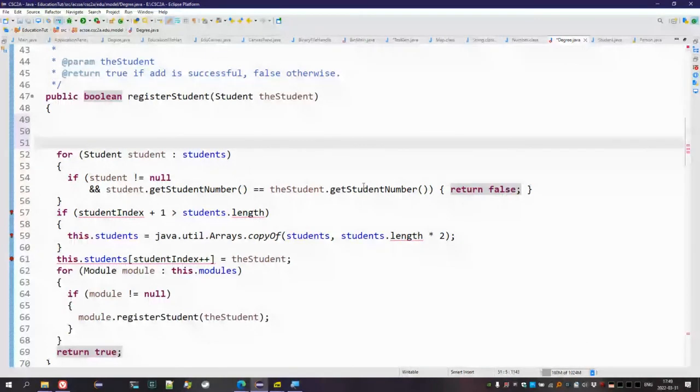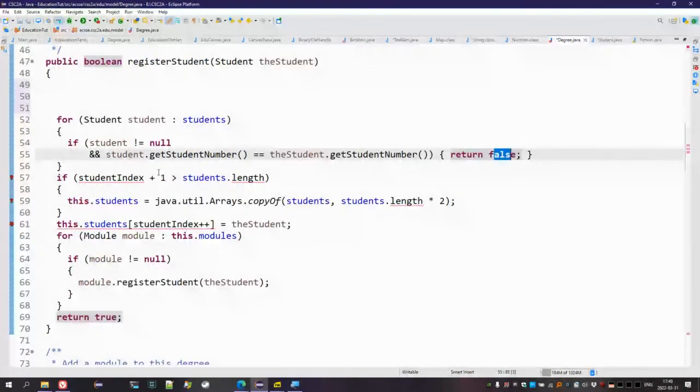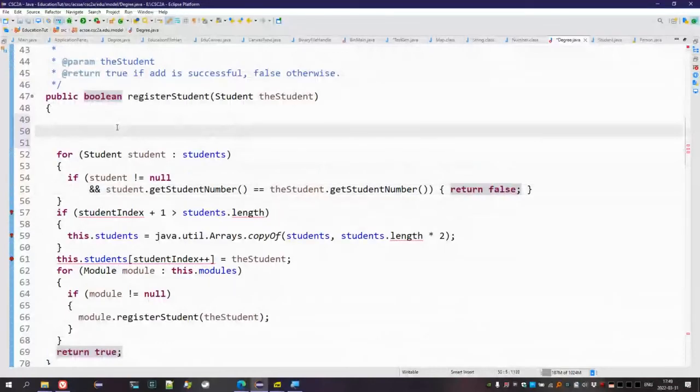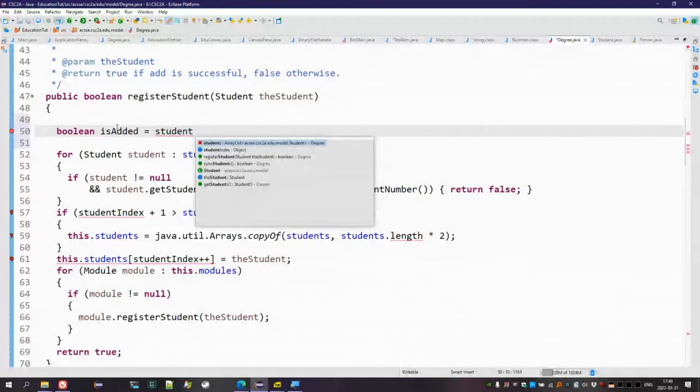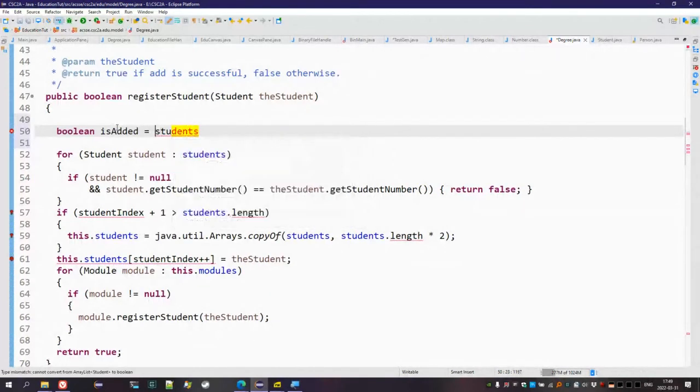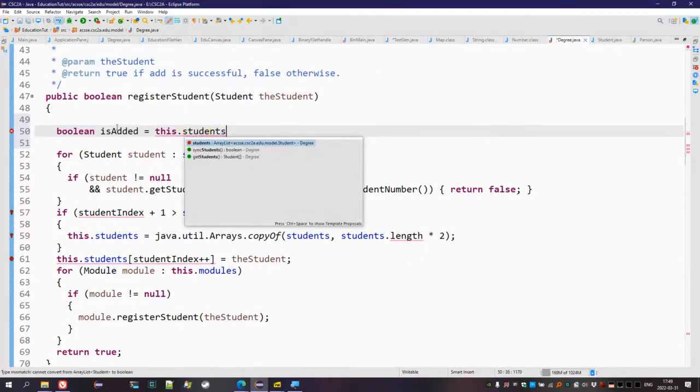So where do we return false? The only time we return false is when we're trying to add a student that already is in the system. So how can we check that? If we look at the array list, and we should really use proper coding convention, so we should have this dot students.